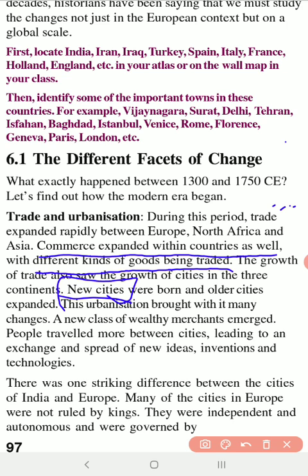Now, what happens as new cities are born? We also get new ideas. When people come from different cultural backgrounds, religious backgrounds, they bring their own ideologies to the place where they are going. So there is a mutual sharing.